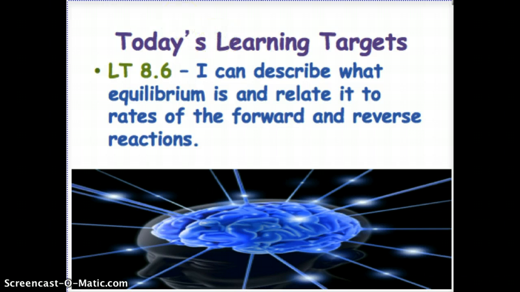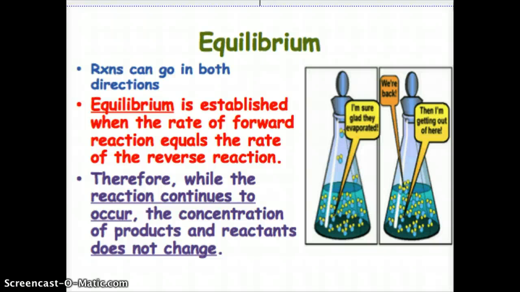Before we get into that, let's answer this question. What is equilibrium? So equilibrium doesn't mean that two things are equal to each other. It doesn't necessarily mean that. Equilibrium means that reactions go in two directions. One, reactions go in the forward direction, which is what I have taught you all of semester one. A plus B makes C, right?